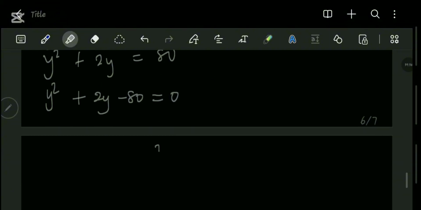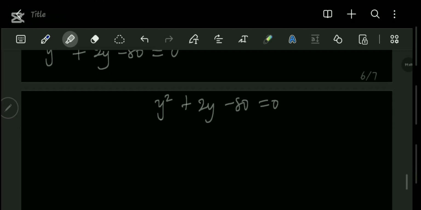So y squared plus 2y minus 80 equals 0. I'm bringing the first term here and the last term here, and multiplying them together to give me minus 80y squared. The next thing is to look for two numbers that multiply to give me 80. That is the factors of 80.